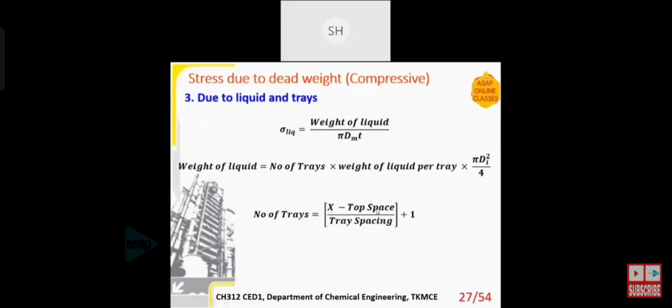Top space means that when we consider the total height of a vessel, capital H, the height of the head is also included in that. We don't usually keep trays in the head; only till a particular height we keep the trays. That is why that top space is subtracted here, divided by tray spacing. Tray spacing, the vertical distance between trays, plus 1.